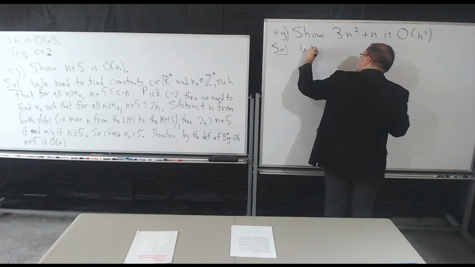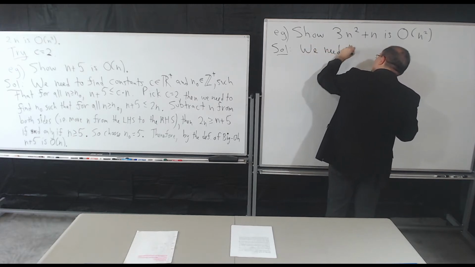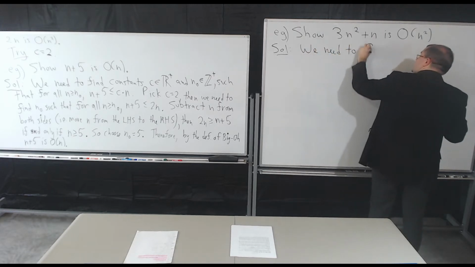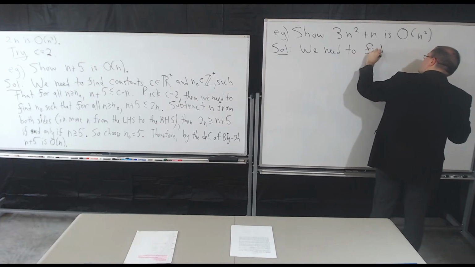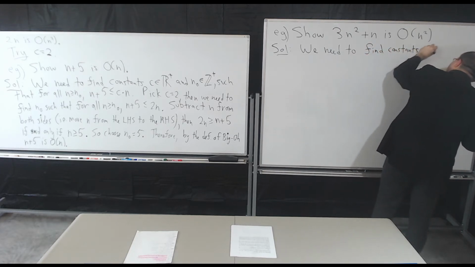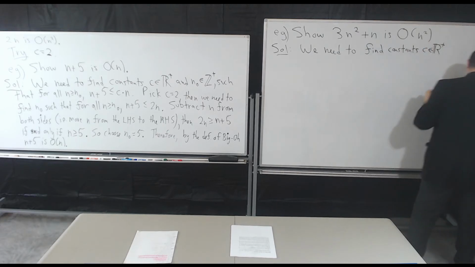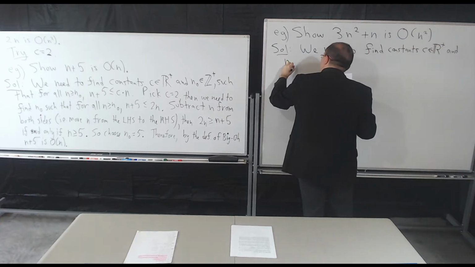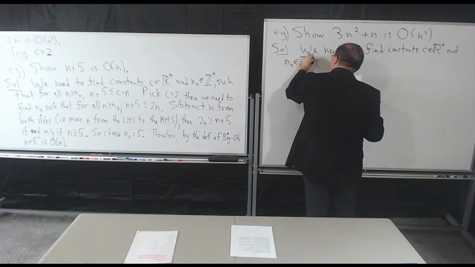So we need to find constants C, remember it's a positive real constant, and n0 is a positive integer constant, right?